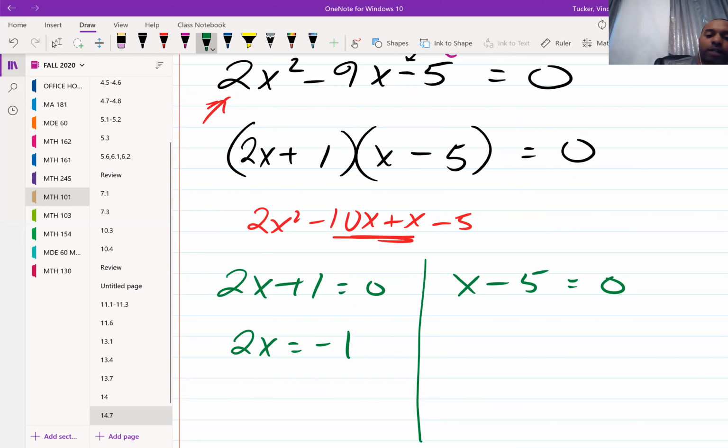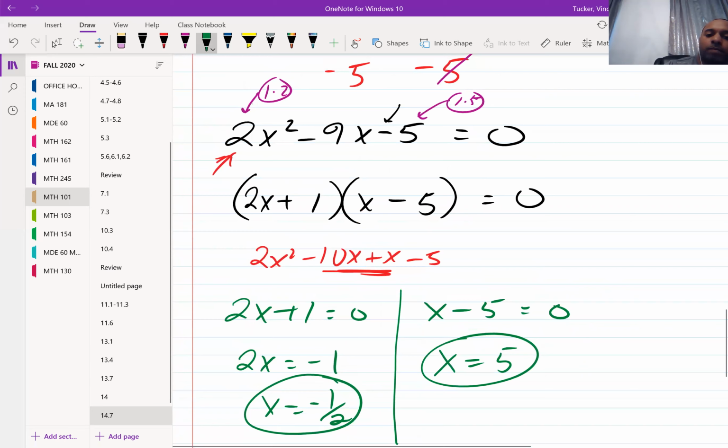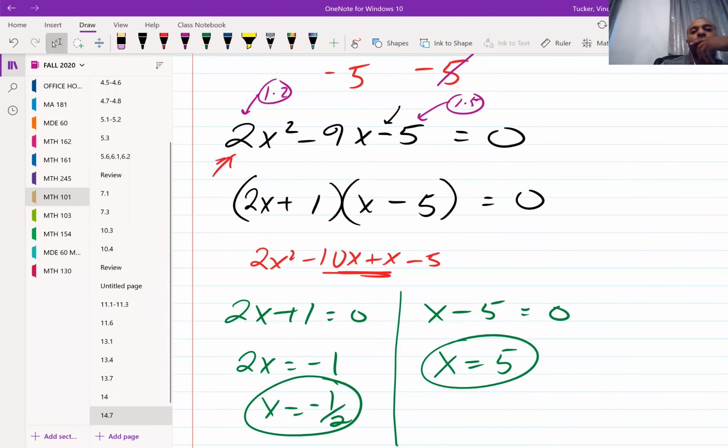Subtract 1 from both sides. Divide by 2. And then here, add 5 to both sides. Make sure we are okay.